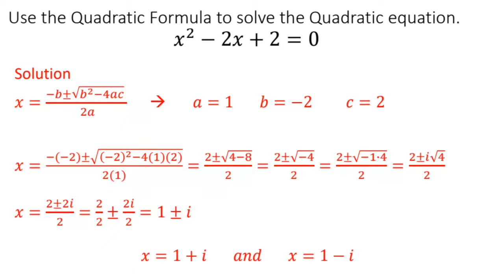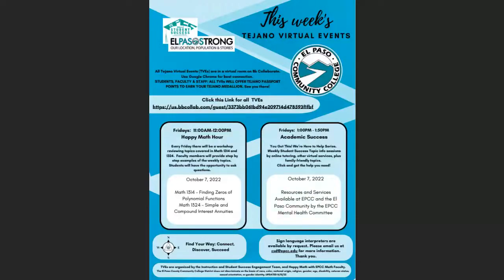So we have about 10 minutes, so if you have any questions, you can stay here and ask us. If not, then for sure next week, I'll let our wonderful staff put up the flyer for next week here in a second. But I believe we're going to be talking about the zeros. Okay, so finding the zeros.